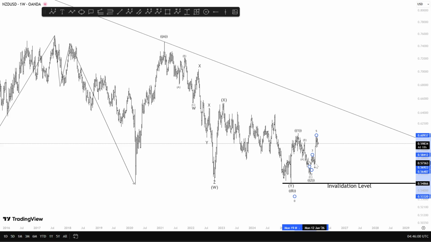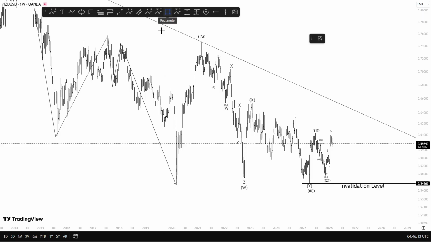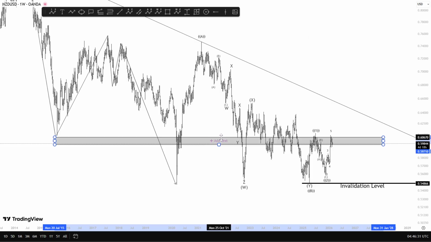This is a leading diagonal impulse, and we have a strong resistance around here. Oh, no resistance. Resistance was 8. Yeah, so that's it.